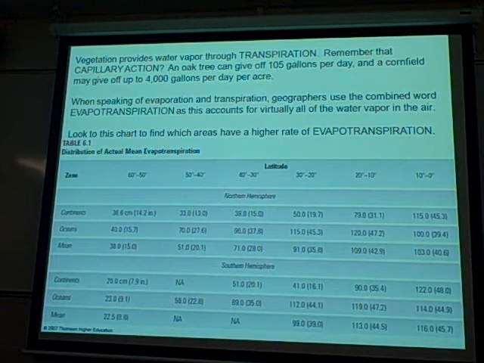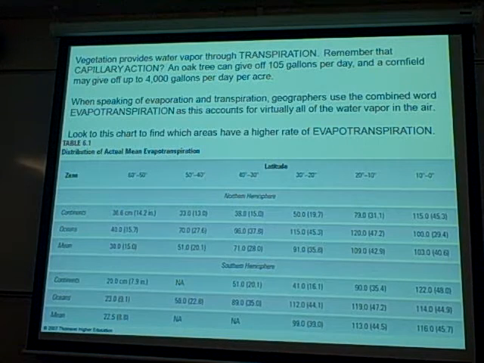So vegetation, as we mentioned, that capillary action is very important for vegetation. That capillary action takes up water through the ground, and then it also gives it off through its leaves, and sometimes through its bark, or whatever kind of tree it is, or vegetation it is, I guess I should say.